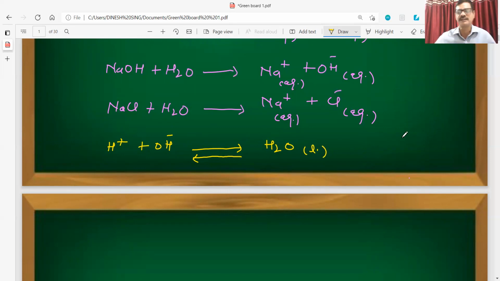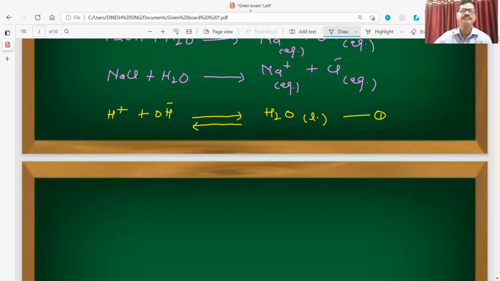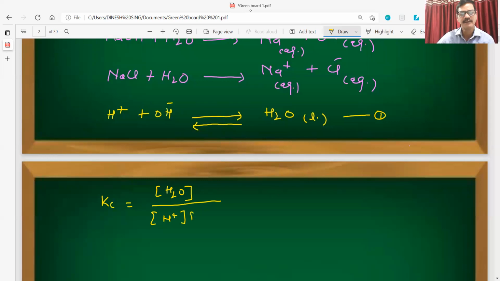So for this equation, the equilibrium constant Kc will be equal to the concentration of H2O divided by the concentration of H positive into the concentration of OH minus.